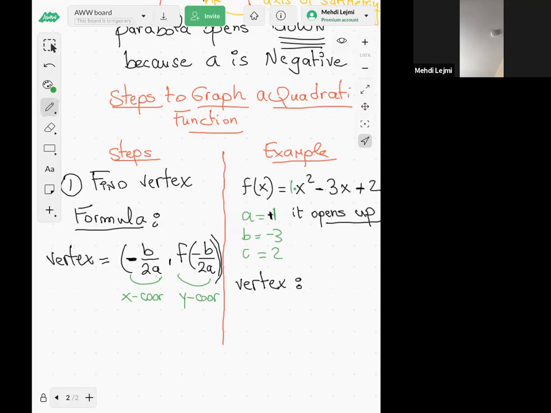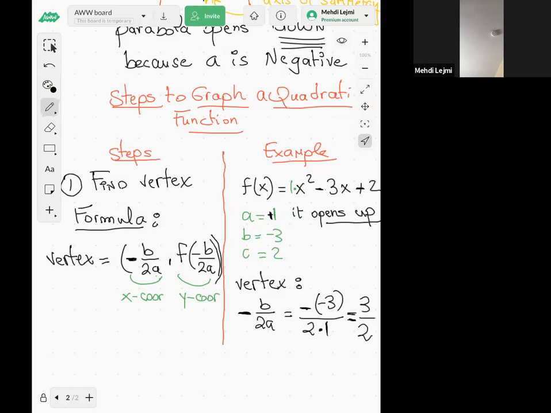In our example, I have to compute minus b over 2a. So it's minus b, where's b? B is negative 3. So it's negative 3 over 2 times a, 2 times 1, so it's positive 3 over 2. So it's 3 halves. That's the x coordinate.